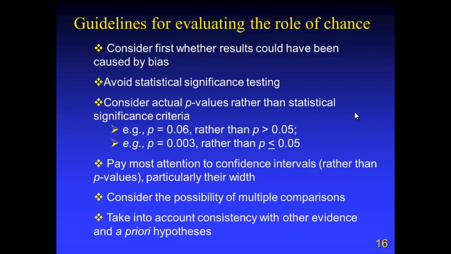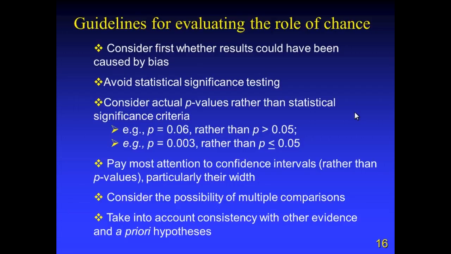In any case, you want to avoid statistical significance testing. In other words, making arbitrary decisions based around whether a p-value is more or less than the value of 0.05.